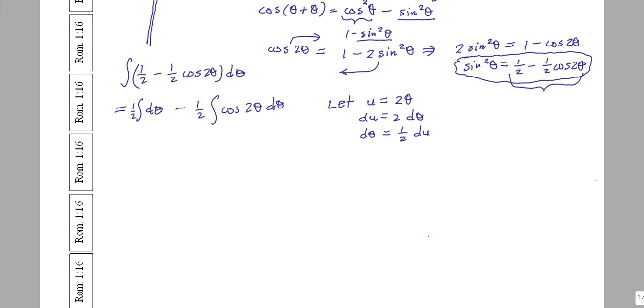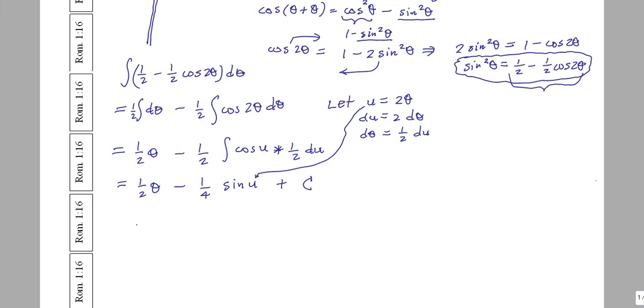So then we see that this is equal to a half of theta minus a half of the integral of cos of u, and instead of d theta we're going to write that as a half of du, and so we get a half of theta minus a quarter, because half times a half is a quarter. The integral of cos u du is equal to sine of u, and then we get a constant of integration coming out of all of that. And now let's sub back in for u.